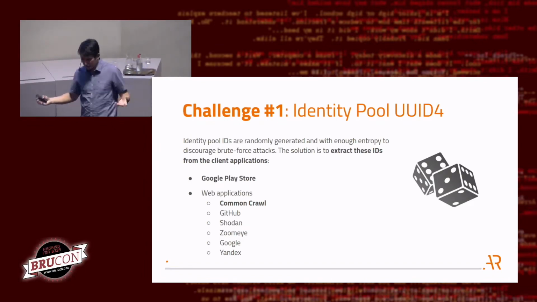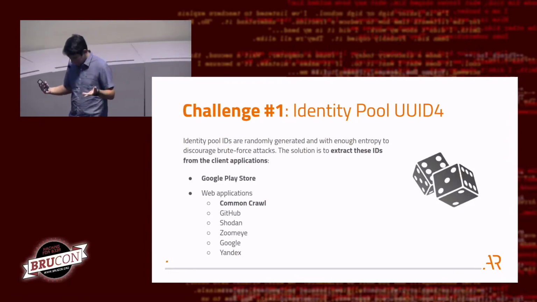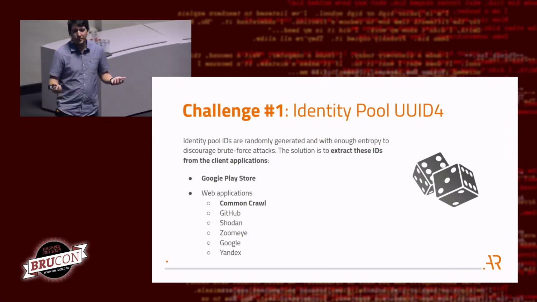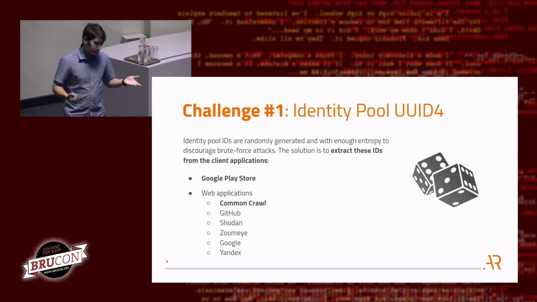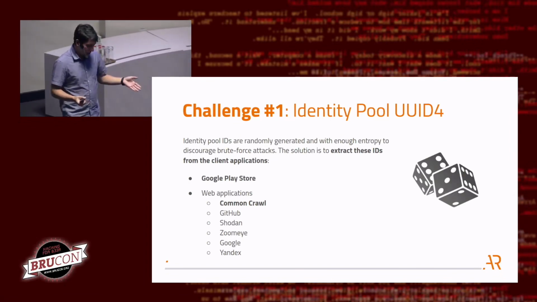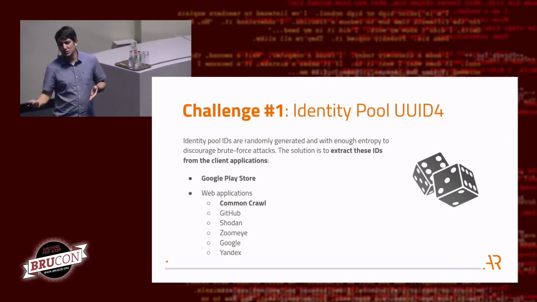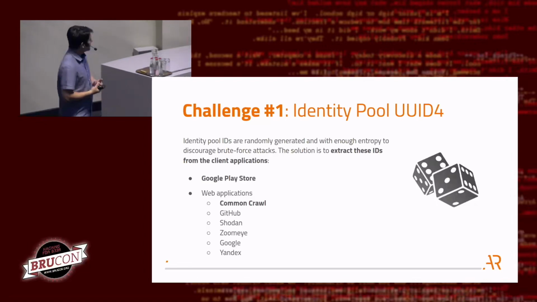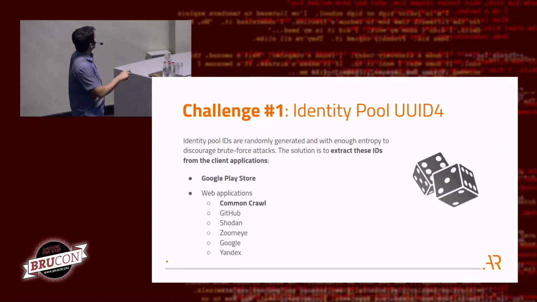That's not possible because the IDs are random. So I need to extract them from somewhere. And as I said before, mobile applications and web applications need to have those IDs hard-coded. So I can extract them from the Google Play Store, Common Crawl, and some other sources.